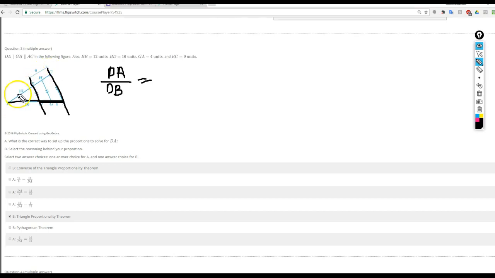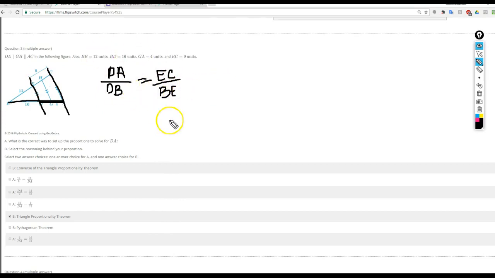So for side BC, DA's corresponding portion would be EC divided by BE, because that's the corresponding portion for DB. So BE.